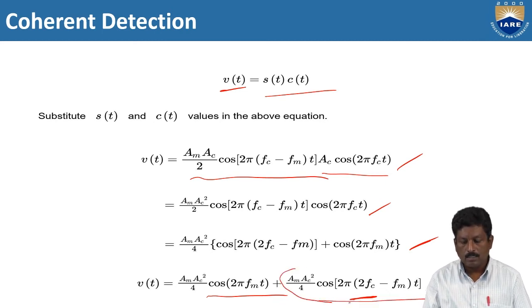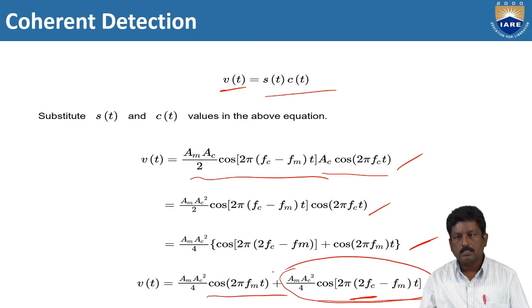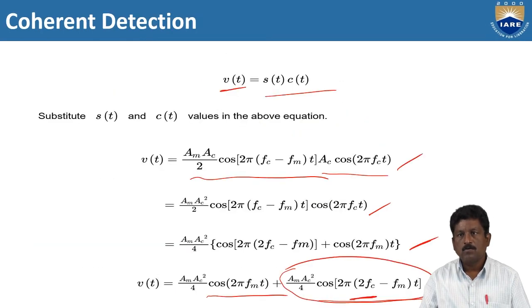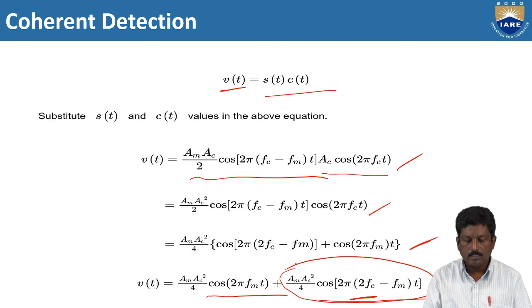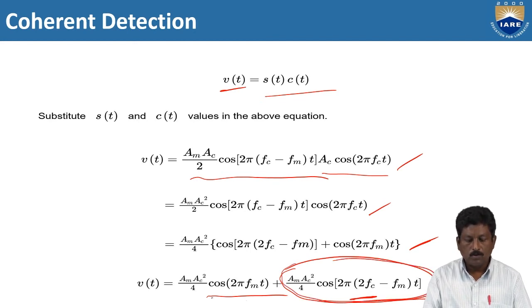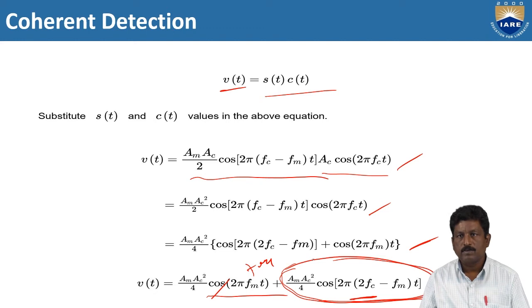This high frequency term can be filtered or rejected by the low pass filter, which is the last element of the diagram. The low pass filter rejects the high frequency and allows only the low frequency component, fm, our modulating signal frequency, which is in the audio frequency range.